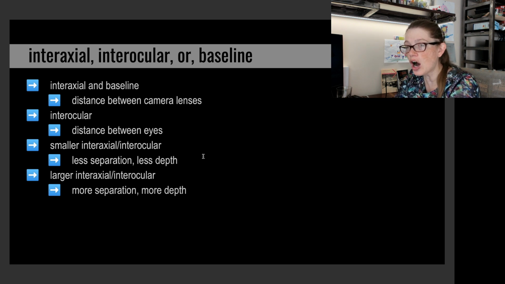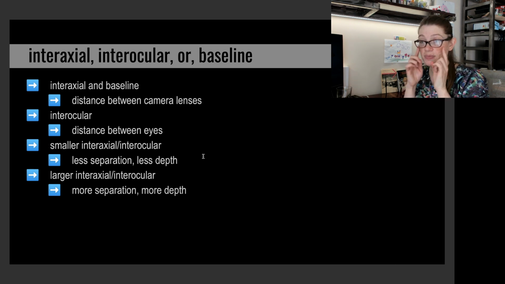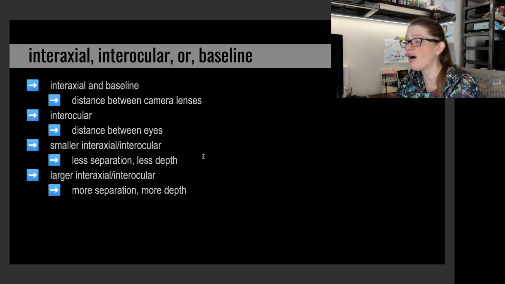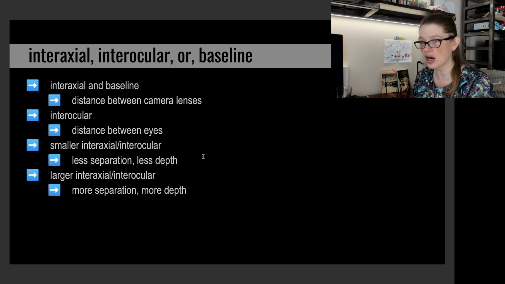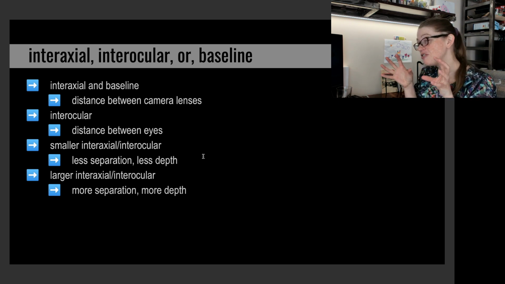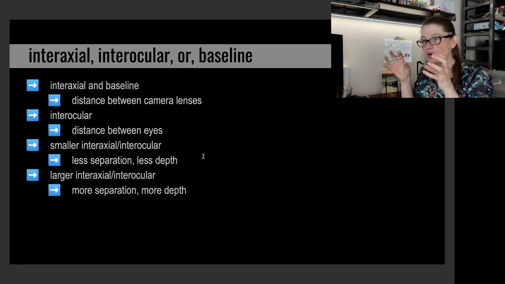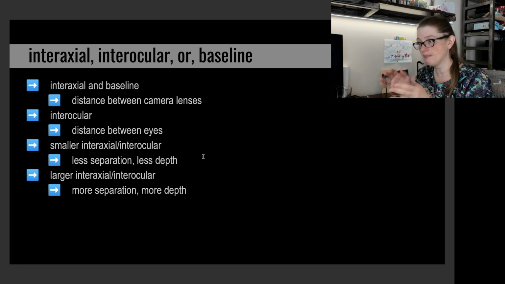Whereas the interocular is supposed to be the distance between your eyes, so from here to here. Now, I have seen people refer to the distance between the eyes as interaxial. I've also seen people refer to the distance between the camera lenses as interocular. Again, lots of confusion in the industry about what term should be used in what place. Essentially, if you have two capture devices, the inter-whatever or baseline is the distance between them.